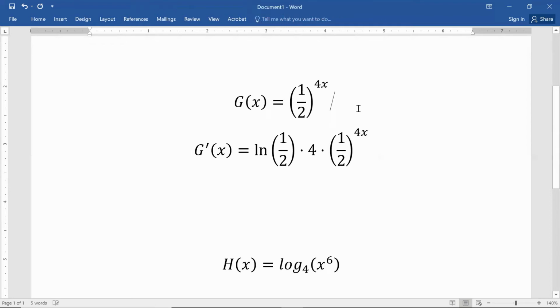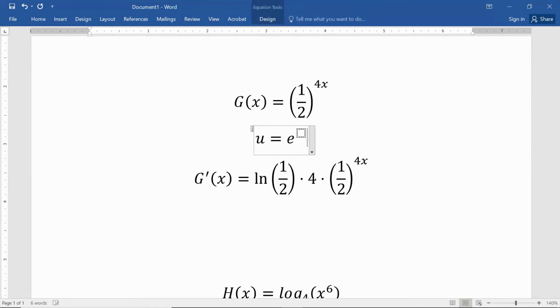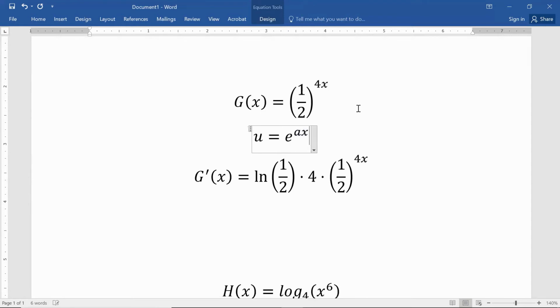Remember that, once again, if you have u equals e to the ax, then u prime is equal to a e to the ax.